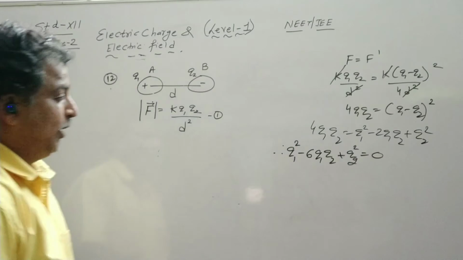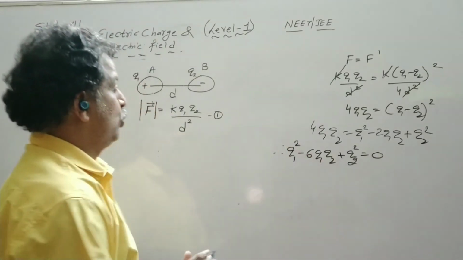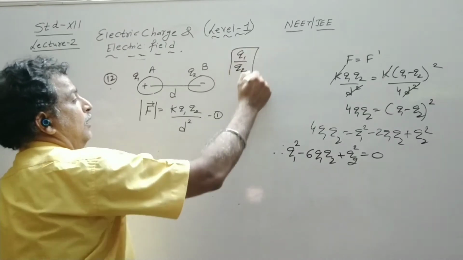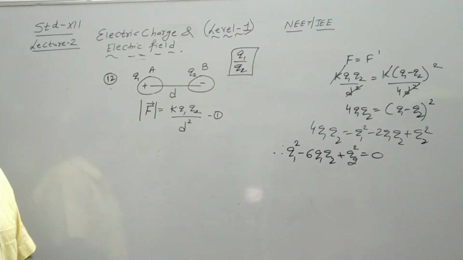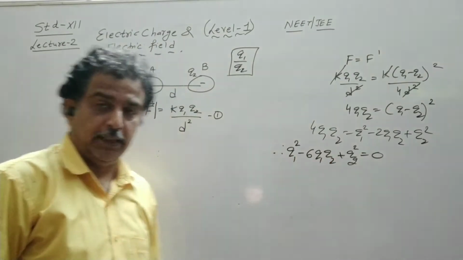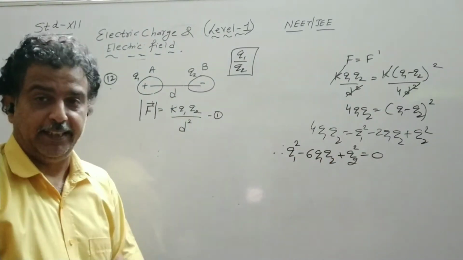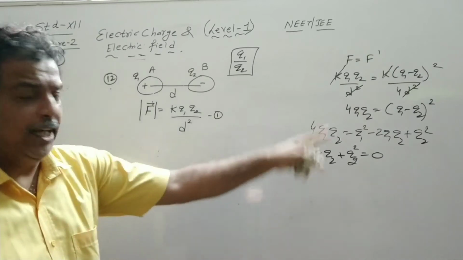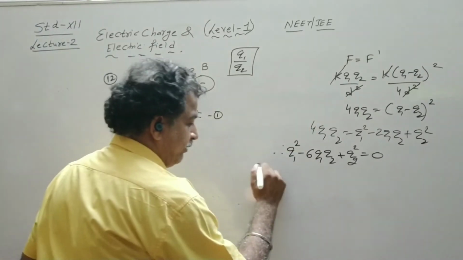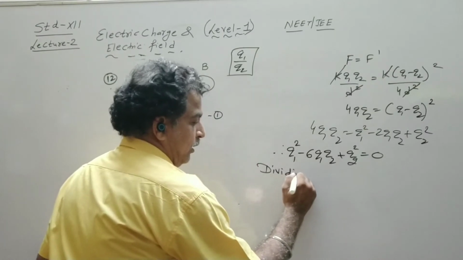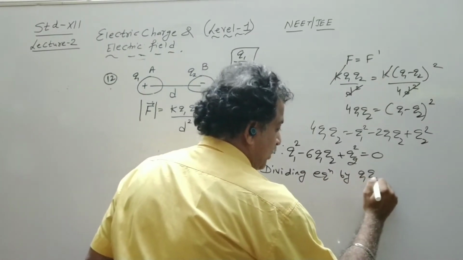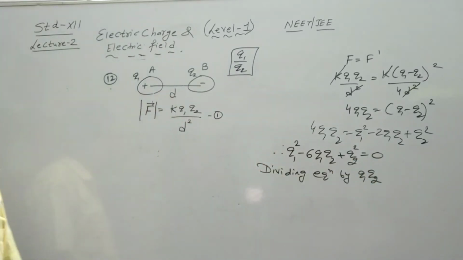Now you need to find out the ratio of Q1 and Q2. There are different methods to find this ratio. One method, to make the calculation easy, is to divide the entire equation by Q1 Q2 on both sides.